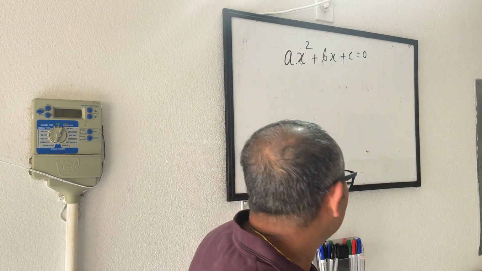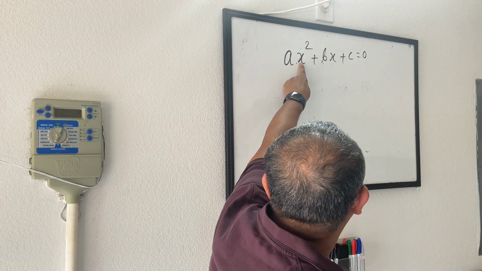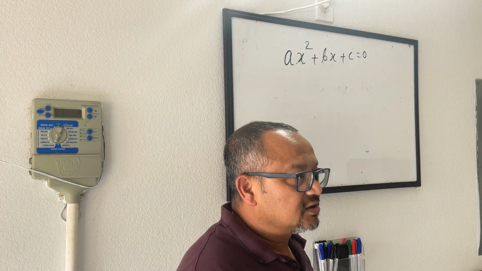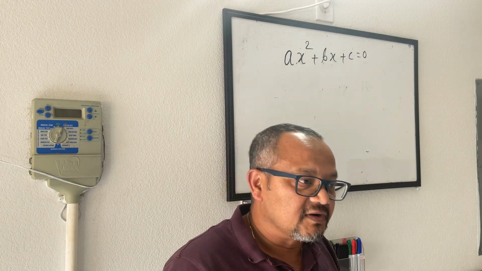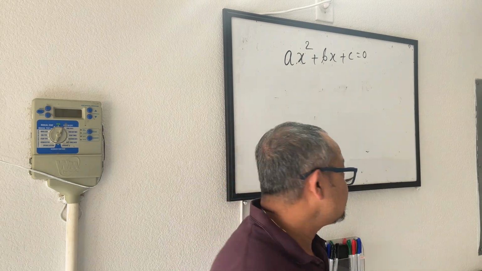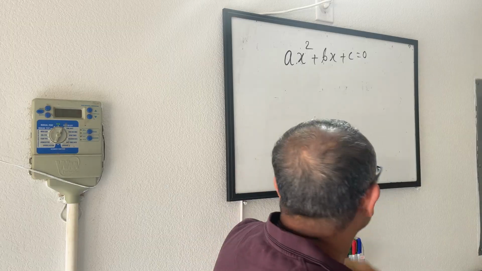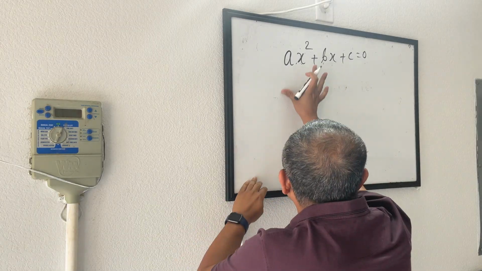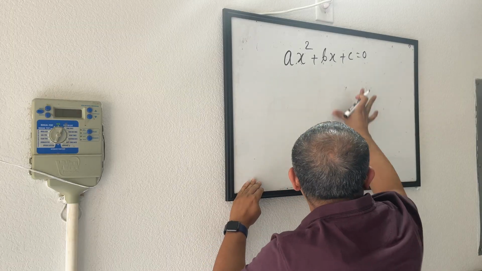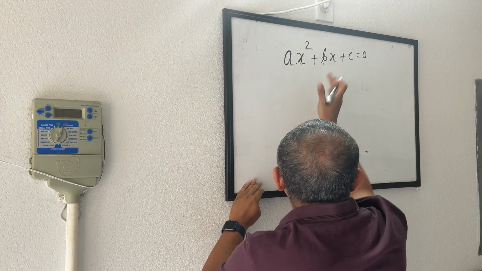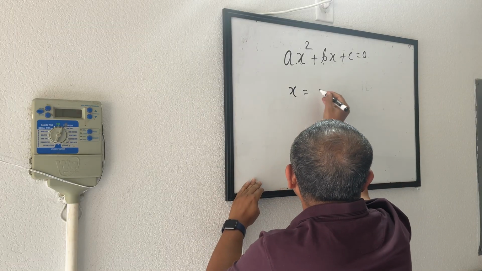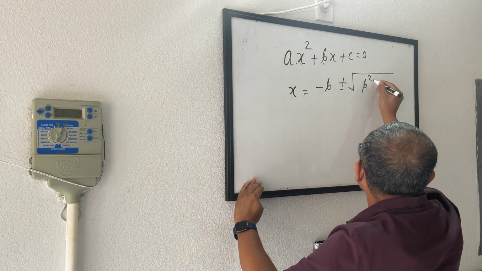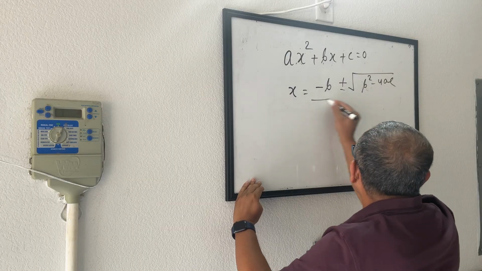Yeah. Okay. So this is the standard form of quadratic equation, and then what the third method or the silver bullet or the quadratic formula says, is that if you have an equation like this, whatever the values of a, b and c are, you can solve straight away applying the quadratic formula, which says the two solutions from this equation are given by minus b plus minus square root of b squared minus 4ac, divided by 2a.